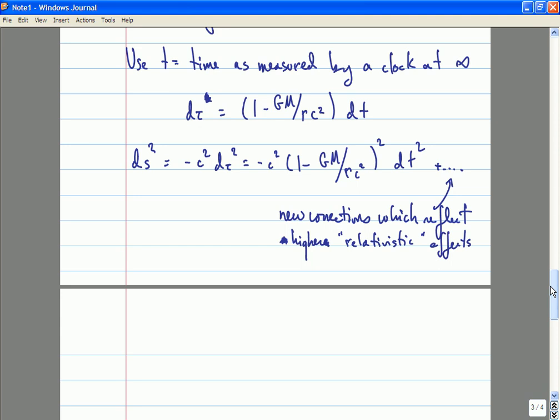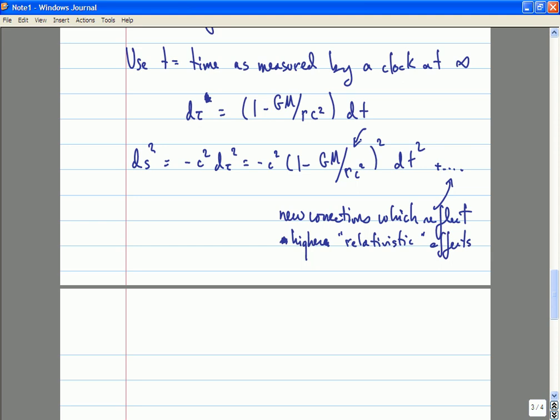So, I want to point out here that there's one very important quantity which appears here. The mass of the objects that we're talking about appears in the combination GM over c squared. So mass has units of mass. Okay, that's not so surprising. And we see here that we're writing down a formula for the line element where we have formed a dimensionless combination of G, M, c squared, and r.